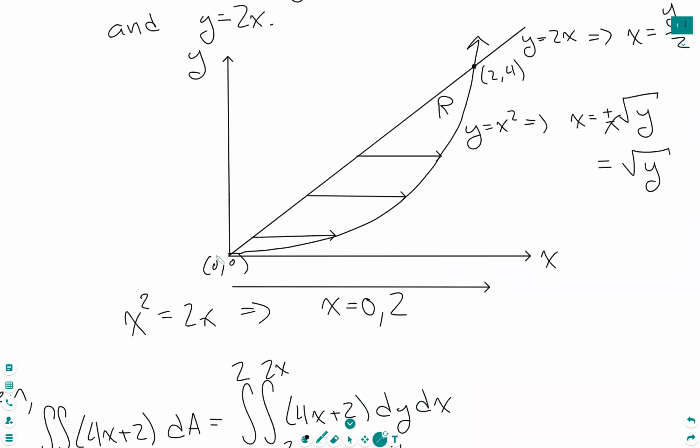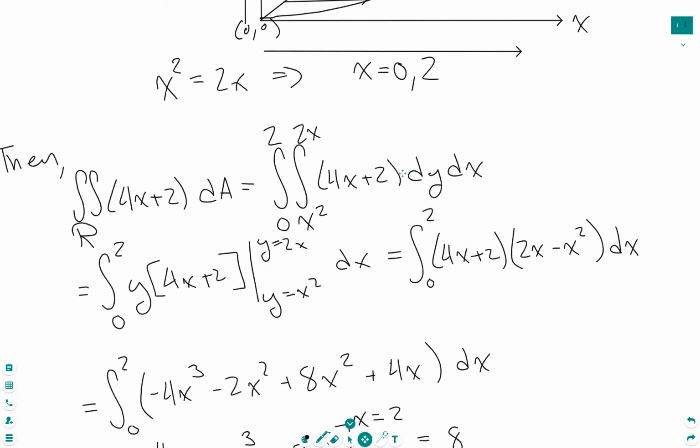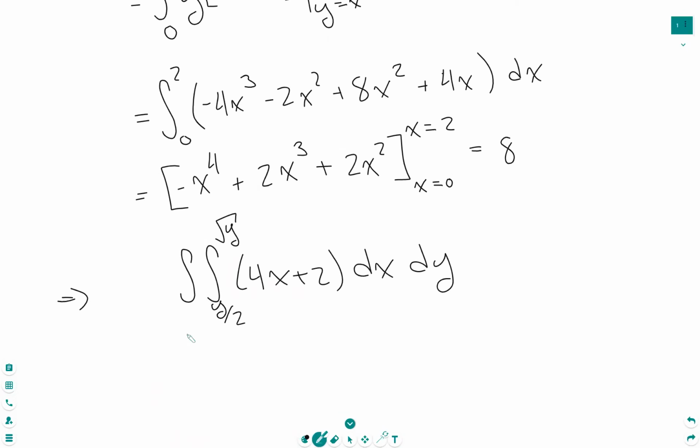Remember, we're adding up, we're doing this in the y direction. The traces range from 0 up until 4. So we can also set this up as 0 to 4.